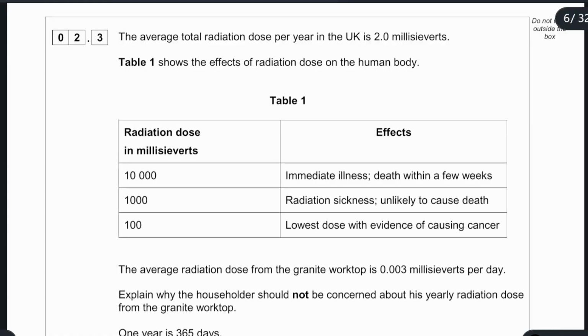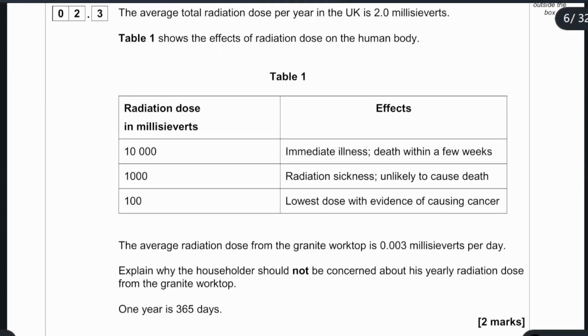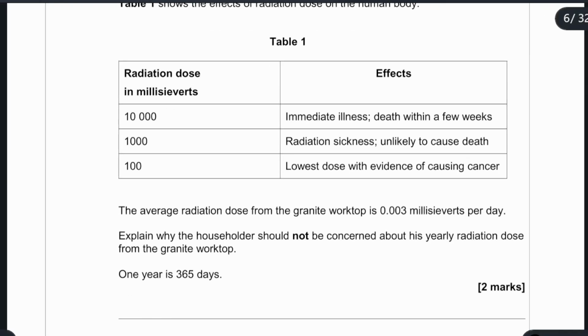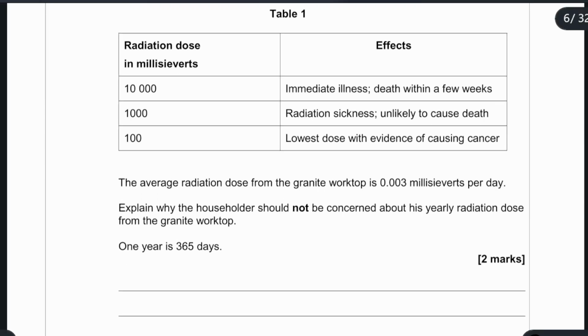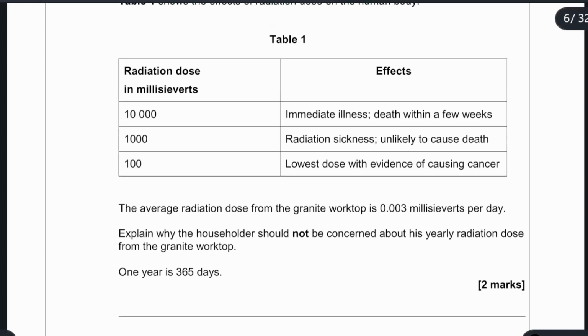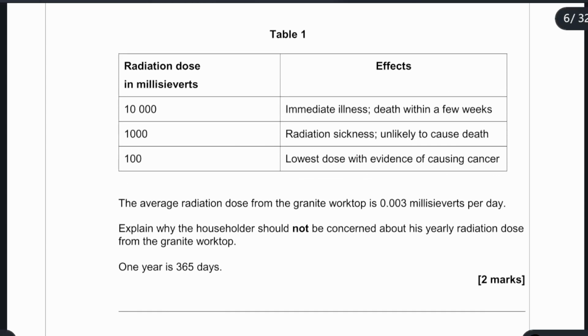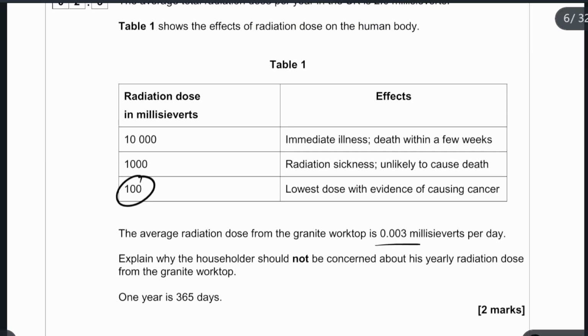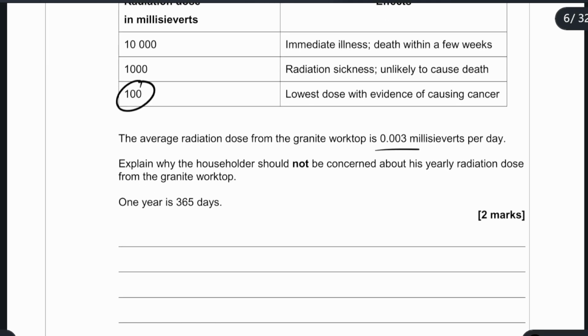2.3 The average total radiation dose per year in the UK is 2 millisieverts. Table 1 shows the effects of radiation dose on the human body. The average radiation dose from the granite worktop is 0.003 millisieverts per day. Explain why the householder should not be concerned about his yearly radiation dose from the granite worktop. Well, we can see that the lowest dose that actually causes cancer is 100 millisieverts. And if we have 0.003 millisieverts per day, then we can work out the yearly dose.